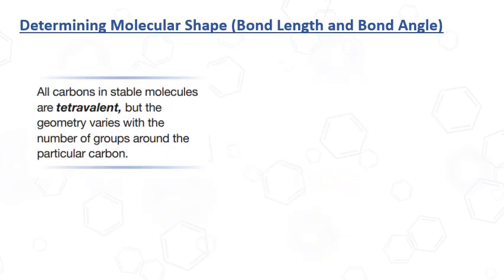Right, so notice that what we've learned about the chemistry of carbon is that it's tetravalent, meaning it's capable of forming four bonds. It preferably forms four bonds.